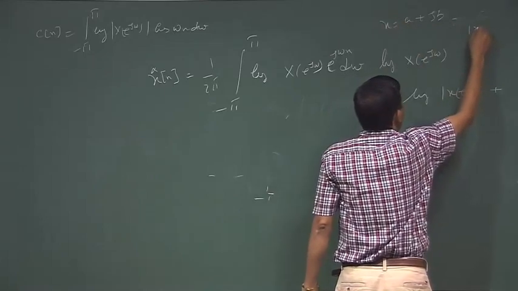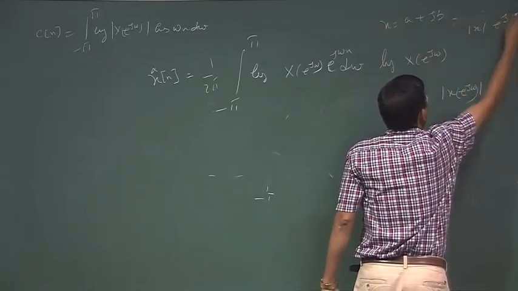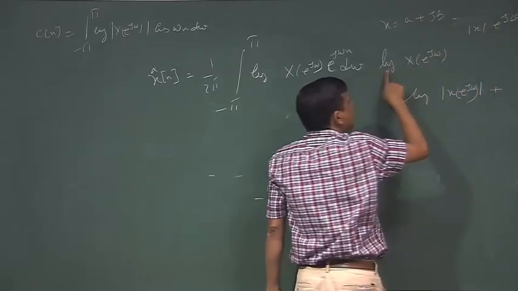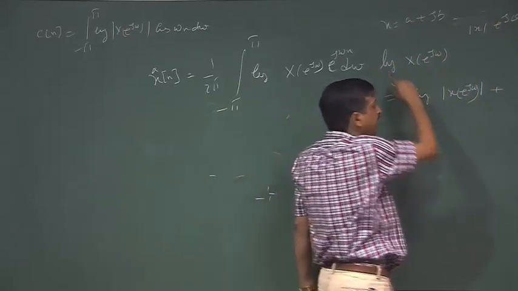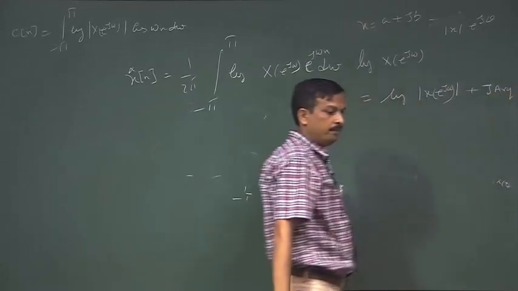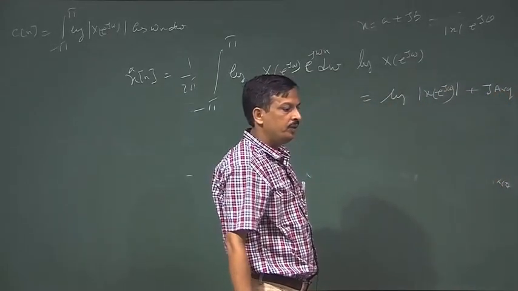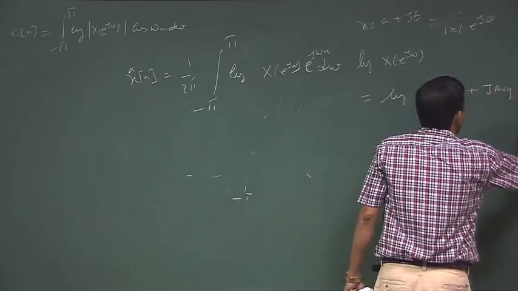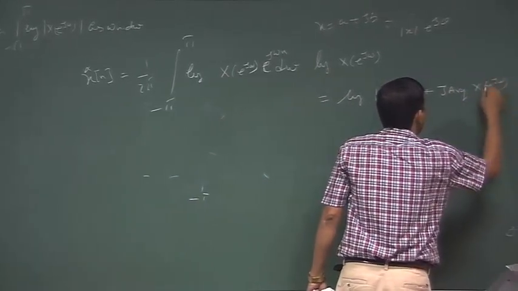So, it is nothing but mod of x into e to the power j theta. So, if it is e to the power j theta, then if I take the log, it is nothing but log mod x plus j arg x of e to the power j omega.